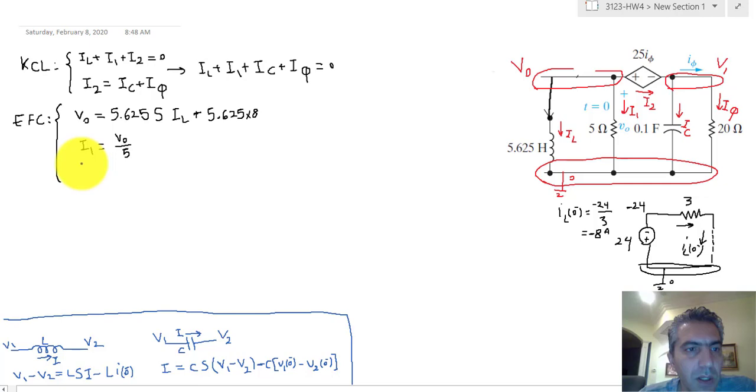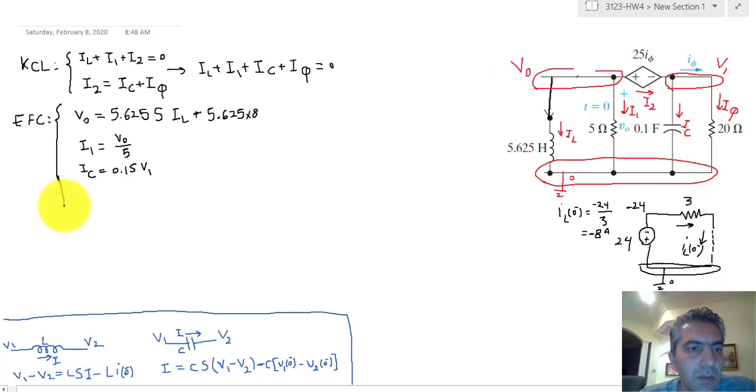So current IC is equal to C, which is 0.1 s, times V1 minus 0, so that would be just simply V1.